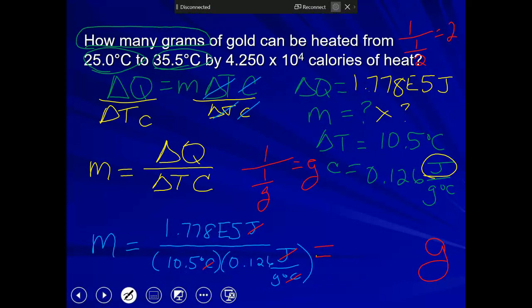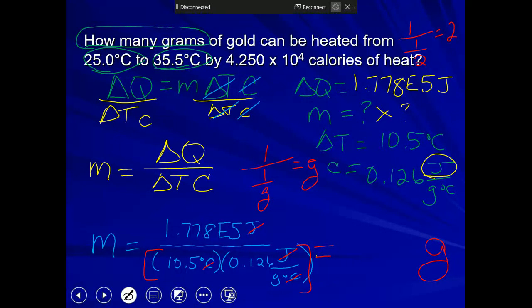Okay. To solve this, you divide by both of the numbers that are on the bottom. Either that, or when you're plugging it in your calculator, put brackets around that. So I'm going to plug in the joules. I'm going to divide by 10.5. I'm going to divide by 0.126.